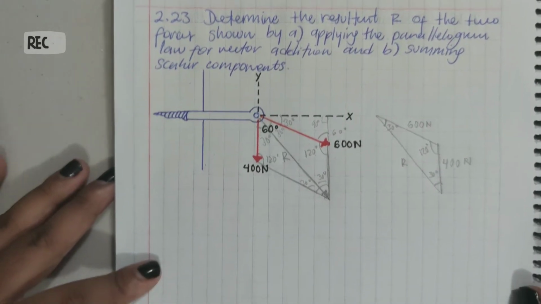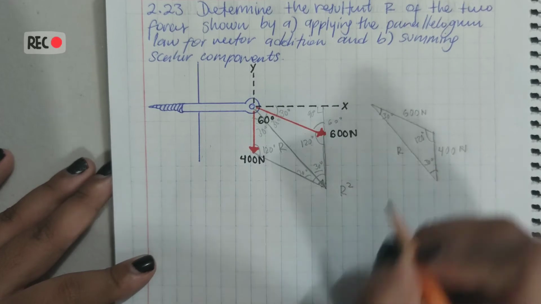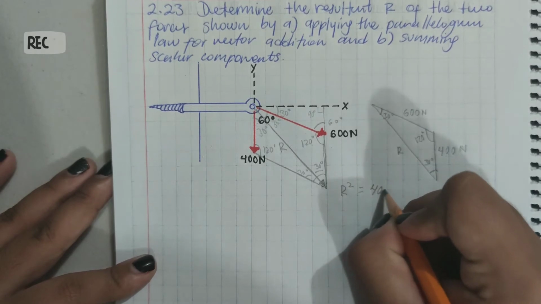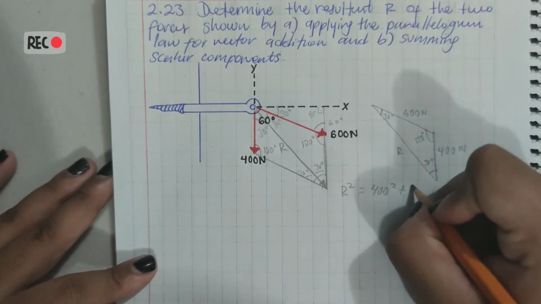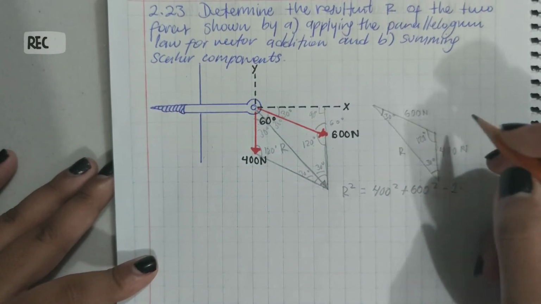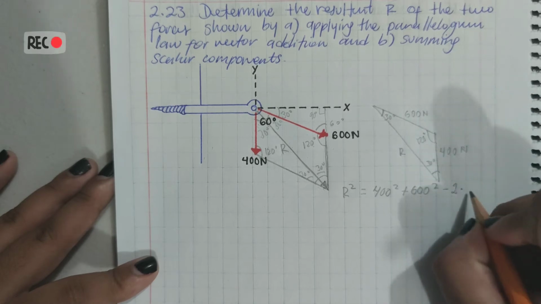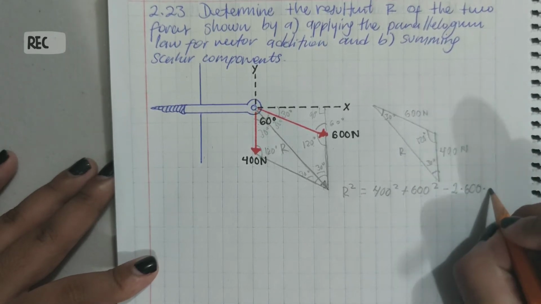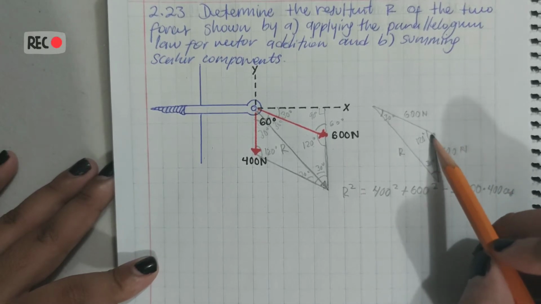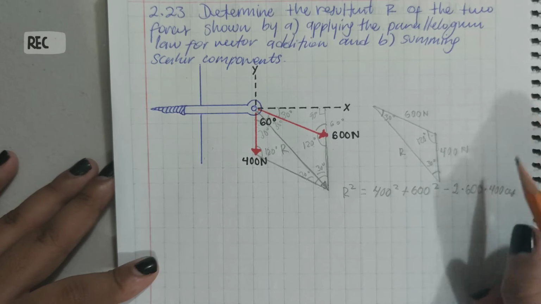So the cosine law says that R squared is equal to this side squared plus this side squared minus 2 multiplied by this and multiplied by the cosine of this angle, that is the angle opposite to the side that we want to find.